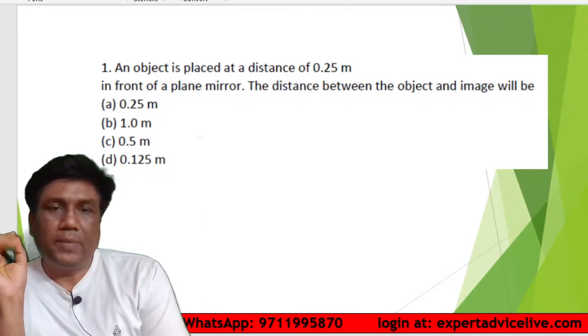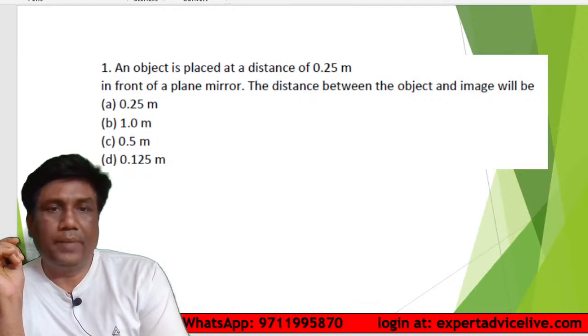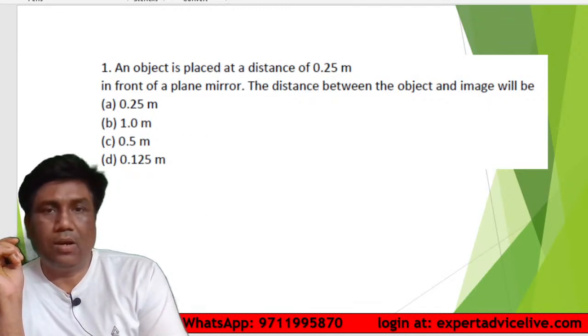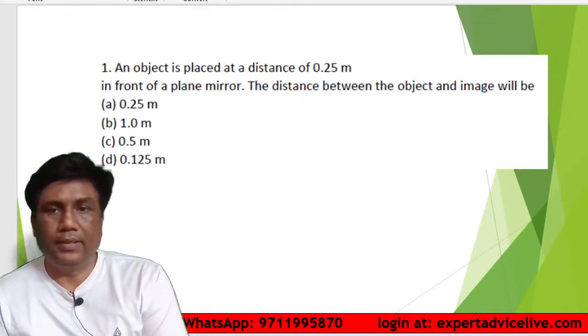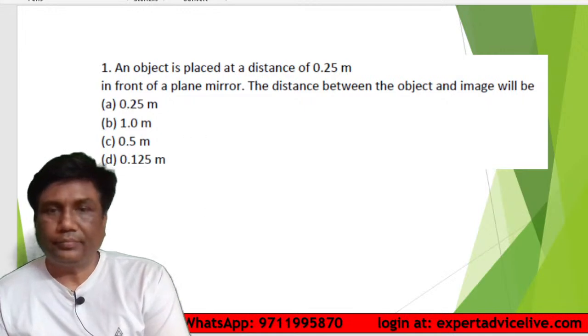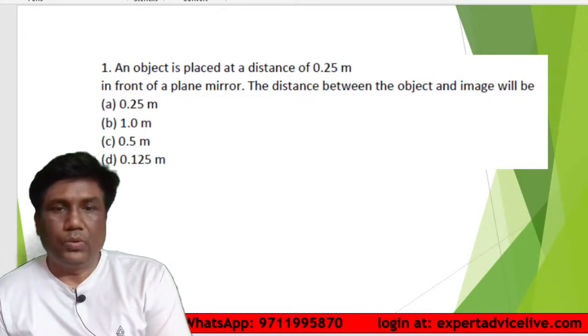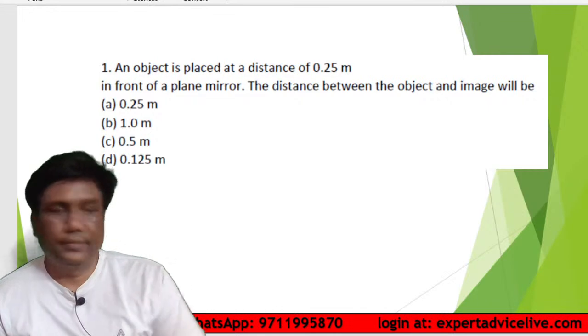So an object is placed at a distance of 0.25 meter in front of a plane mirror. The distance between the object and the image will be, well, the options are 0.25 meter, 1 meter, 0.5 meter, 0.125 meter. So do comment.